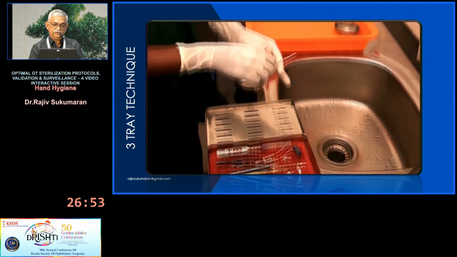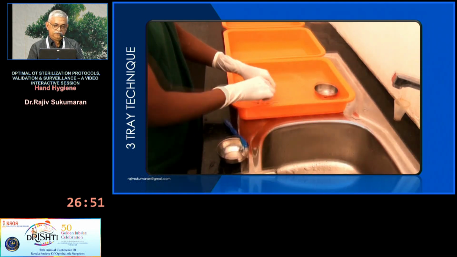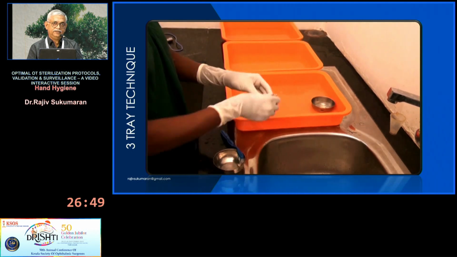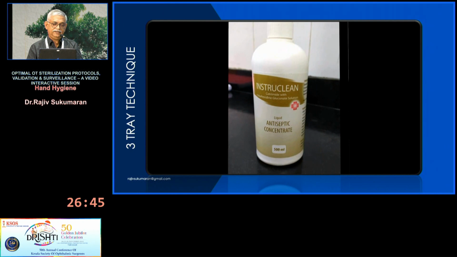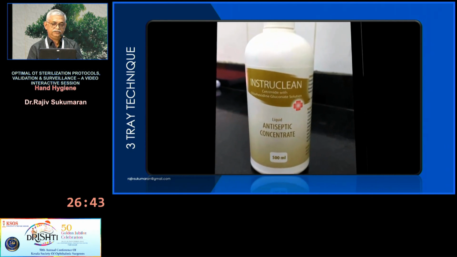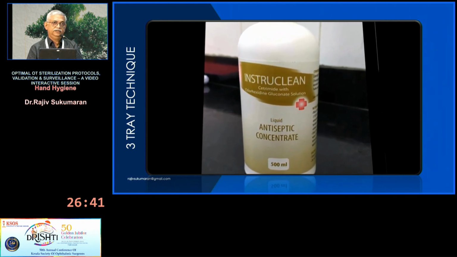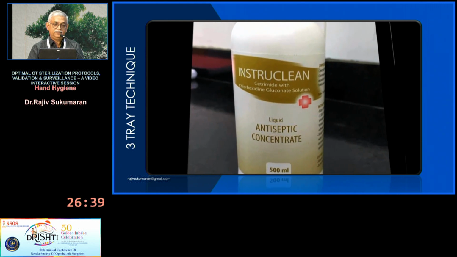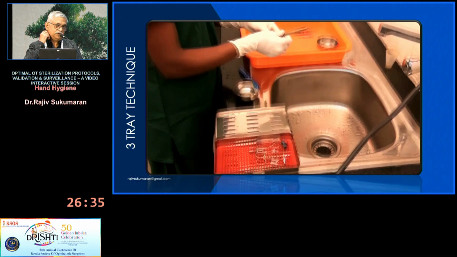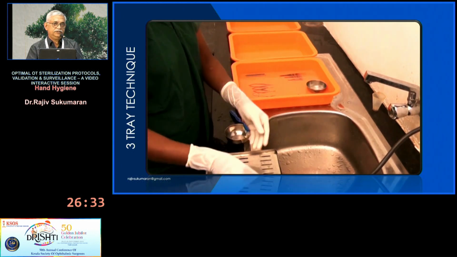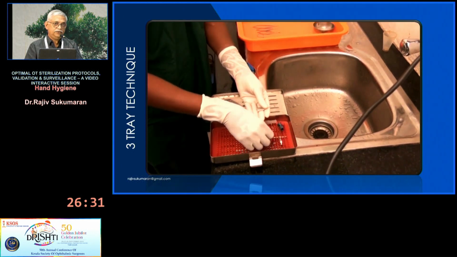Soak the instruments for a few minutes there and be very gentle. This is InstruClean, which is available with the Oral Lab. It is nothing but cetrimide, which is commercially available as Savlon. You can dilute it and use it.